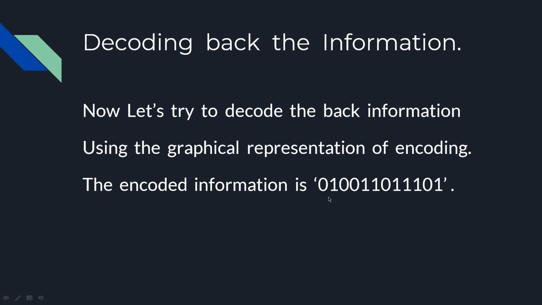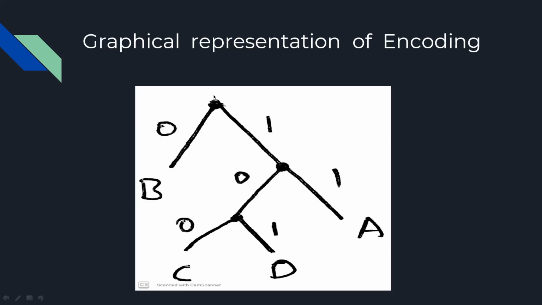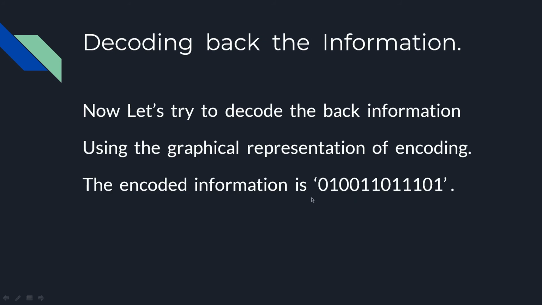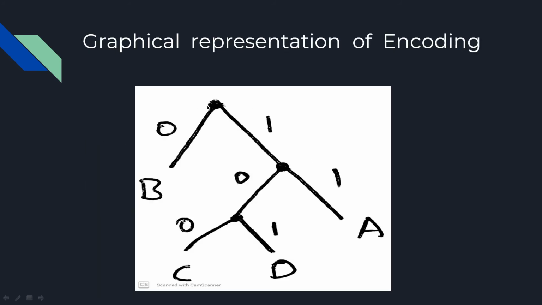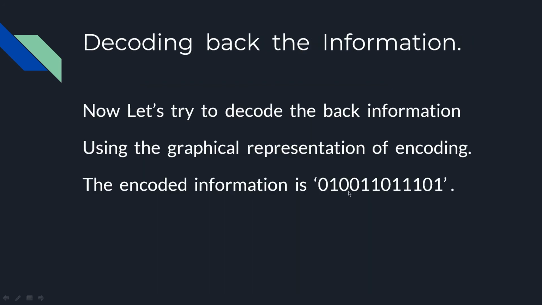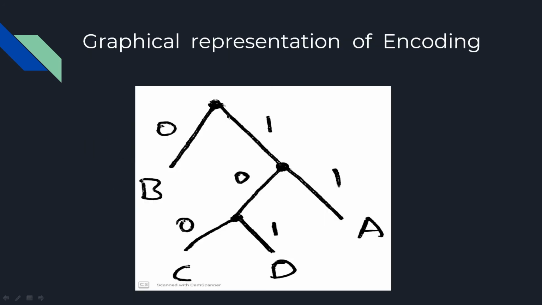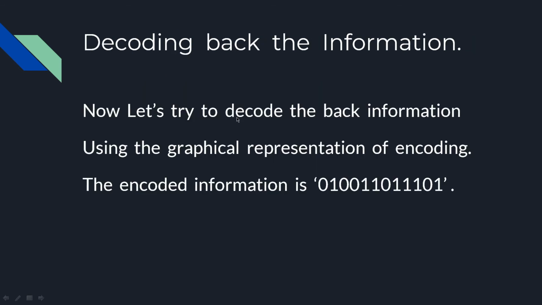First bit is 0, so we'll go back to the binary tree and start from the root. From the root it is 0, so it's B. Then 1 0 0, so it is C. Every time you try to decode, you go back to the main root. This is a really important point, guys.